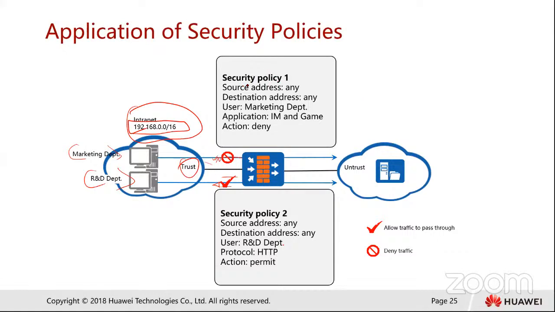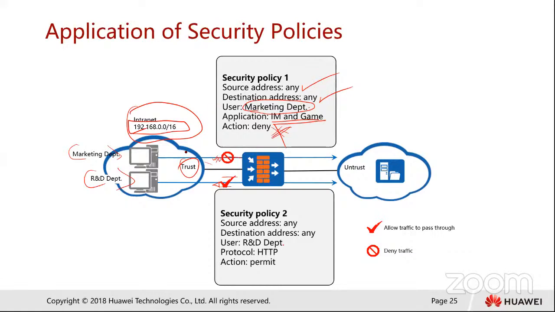So security policy 1 says if the traffic is coming from any source and going to any destination, but the user is from the marketing department, and they're using the application of instant messaging and games, kindly deny. Do not permit them to send the packet.